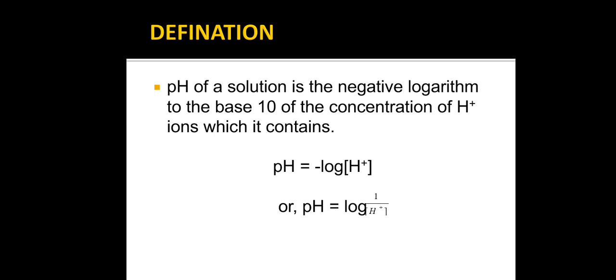Sometimes representing the acidity in terms of hydrogen ion concentration alone is not very convenient or intuitive. So pH is an index to express the acidity or basicity of a substance, or the hydrogen ion concentration in a solution.